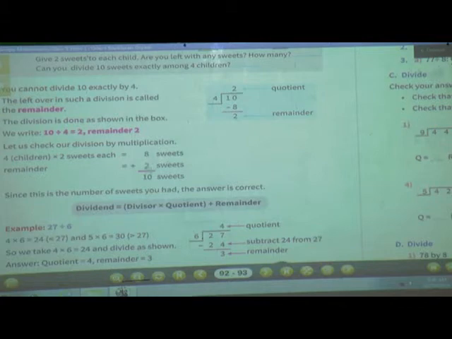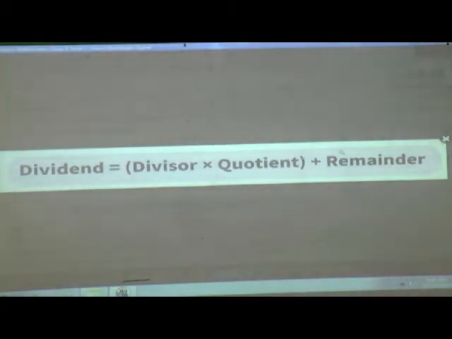So 8 plus 2 is equal to 10 sweets. But sometimes how will you check whether your answer is correct or not?